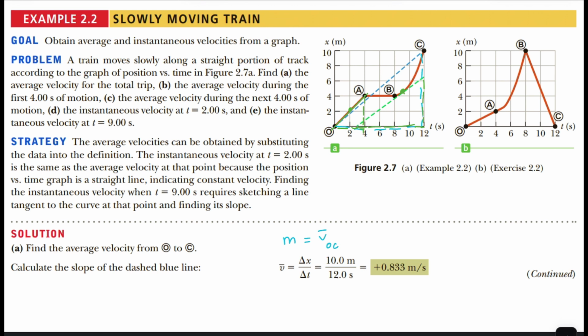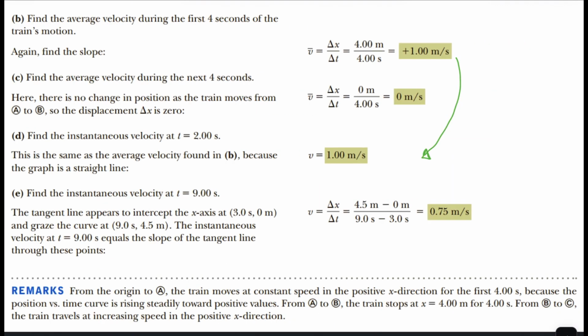For delta x, you see the coordinates here and here, and for delta t, here and here.